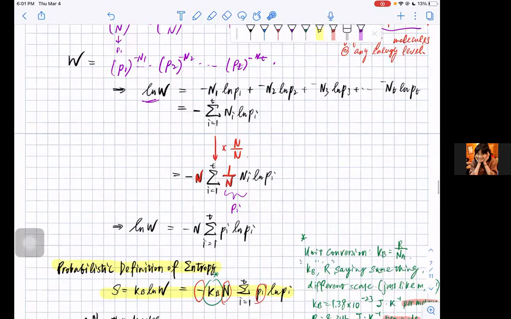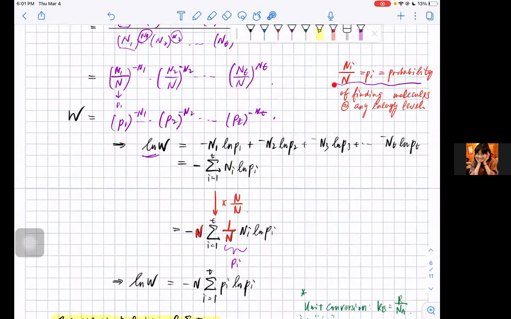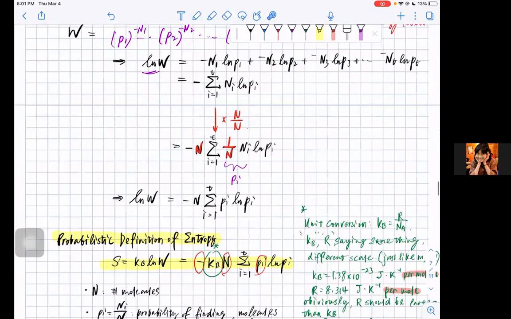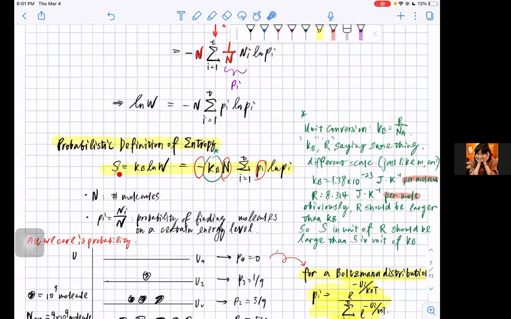And by doing that, we can rewrite this ni term with the product of 1 over n as the probability of finding a molecule at any energy level. The same thing here. So at the end, it gives you this probabilistic definition of entropy as shown here.